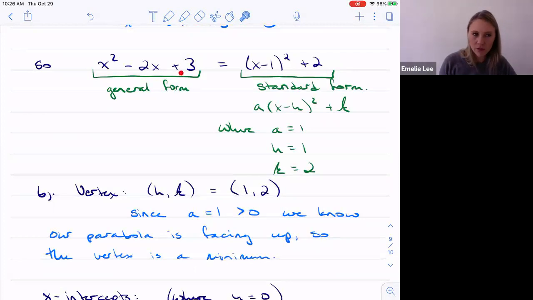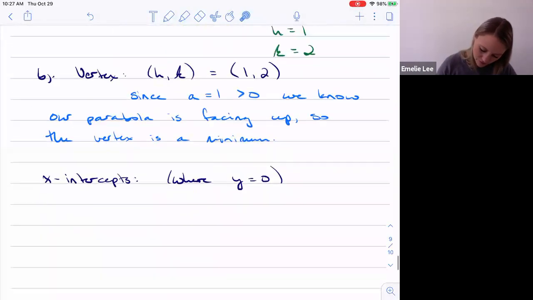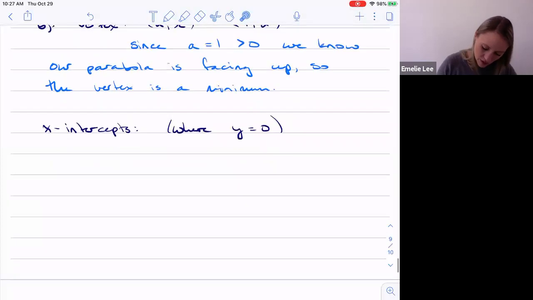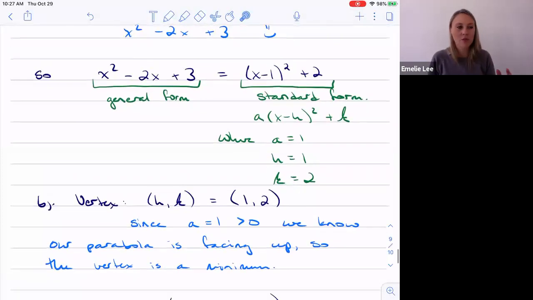Use the quadratic formula, maybe that's easiest. So here you've got a couple of options for the x-intercepts.